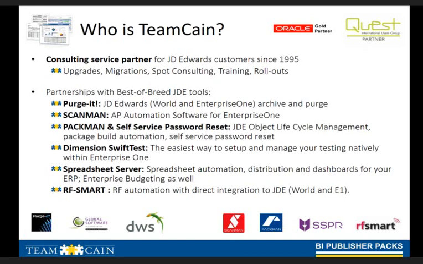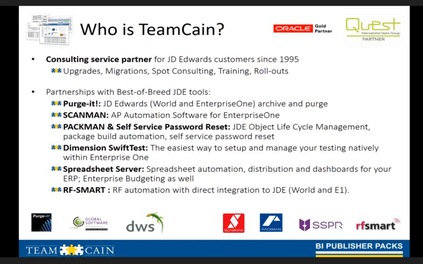Oracle validated integration, and tying into the theme of moving away from third-party products, we're seeing a lot of interest from customers running the Transform AP solution wanting to migrate over to ScanMan. ScanMan's from an organization called Forza in Europe. They also have a package manager or object lifecycle management solution with package build automation and a self-serve password reset product.